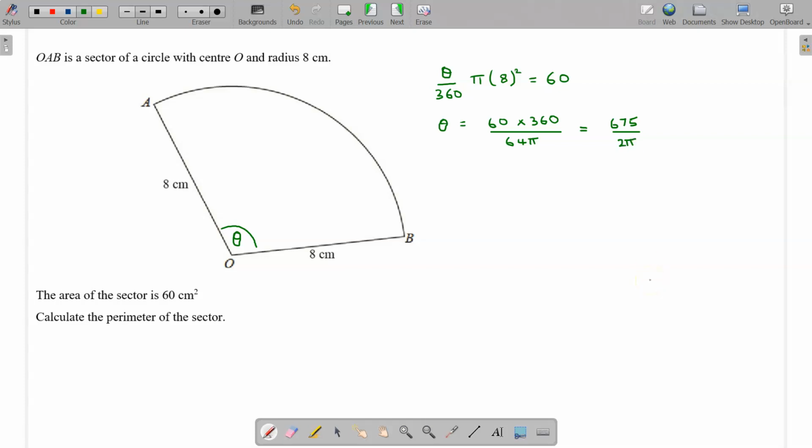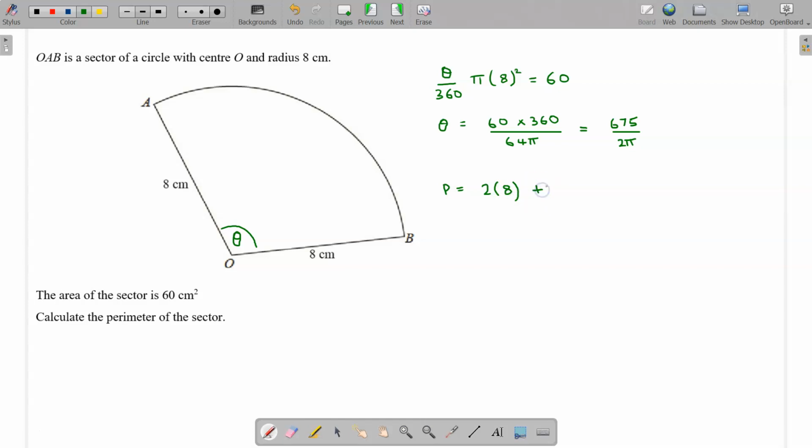Now to find the perimeter of this shape, I've got two lots of the radius plus the curved piece. Don't forget the two straight pieces as well, because they're part of the perimeter. So the perimeter, I'll call it P, is going to be made up of two lots of 8 plus the curved piece.